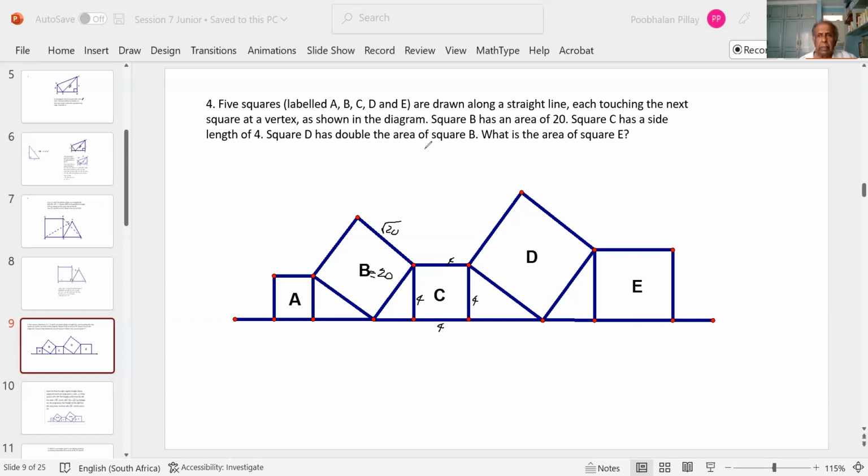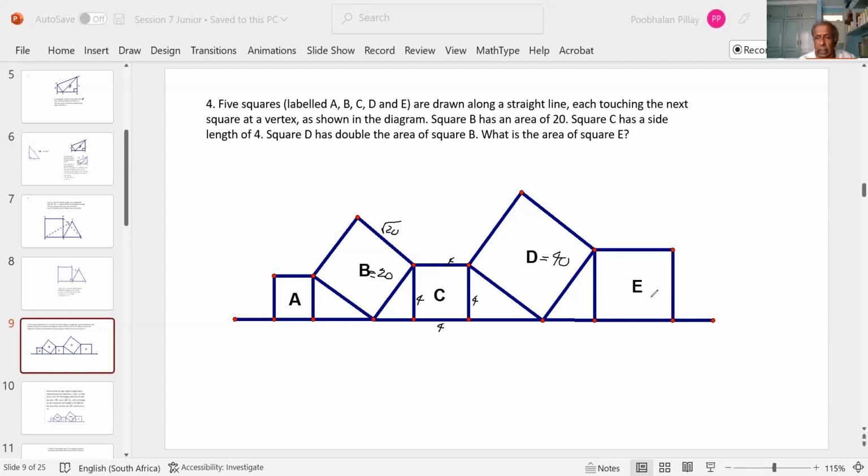Square D has double the area of square B. Now square B is 20 and square D, there's D, its area is double. So in other words, the area of D is 40. Area of the square here is 40. That's double.